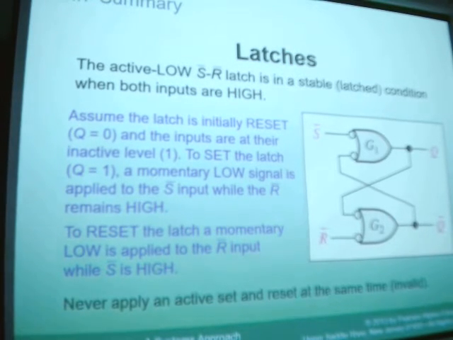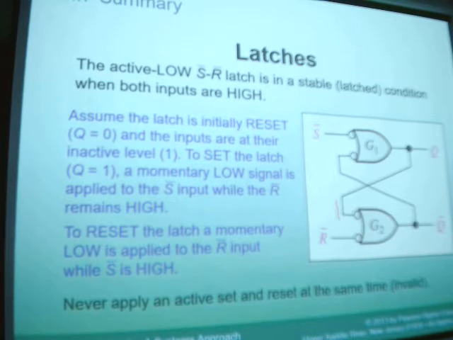Right. One minute, sir. Because Q equals 1, right? According to this, S equals 1, and 1 plus any value equals 1.